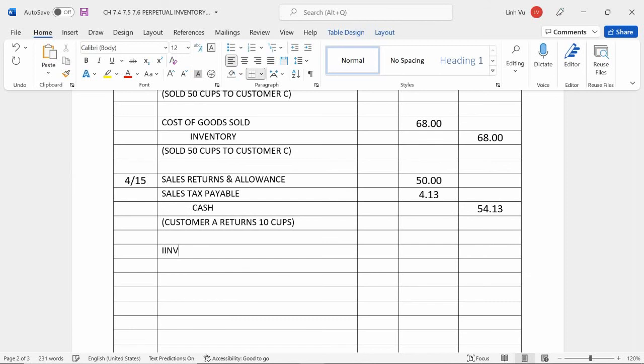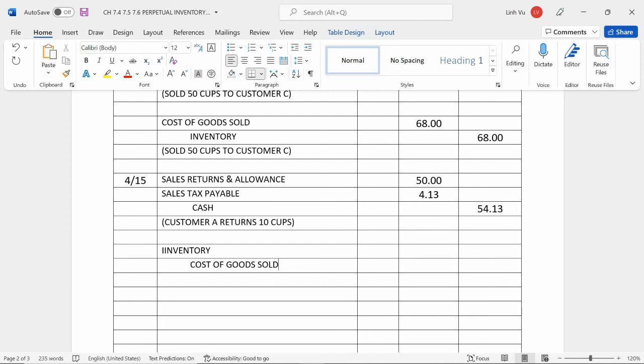Inventory. Okay. And what else do I have to put back? Cost of goods sold. Because in this case, I'm undoing what I sold.